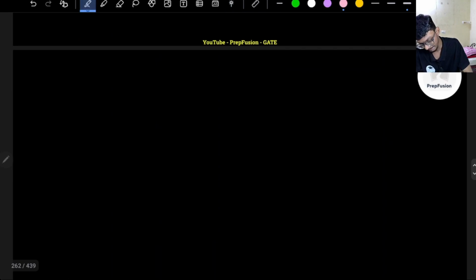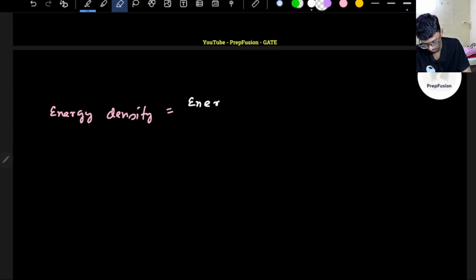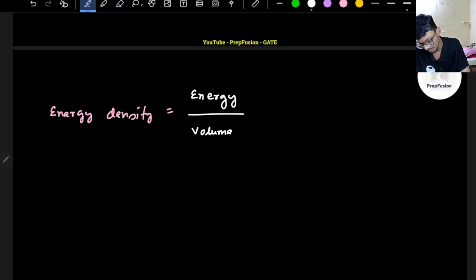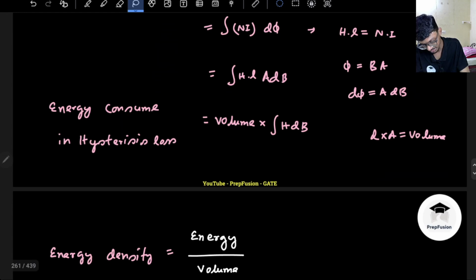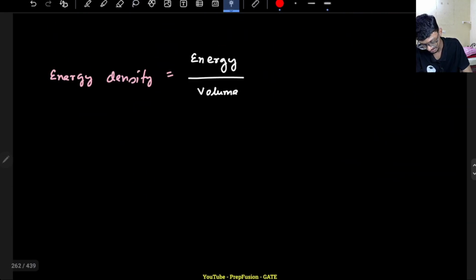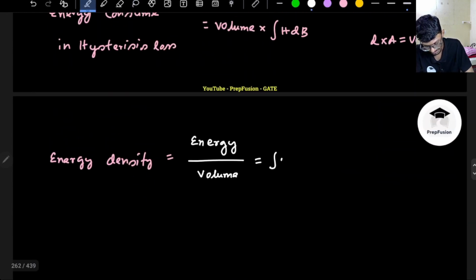Energy density is energy upon volume, so volume will get cancelled and only the integration of H dB will be left.